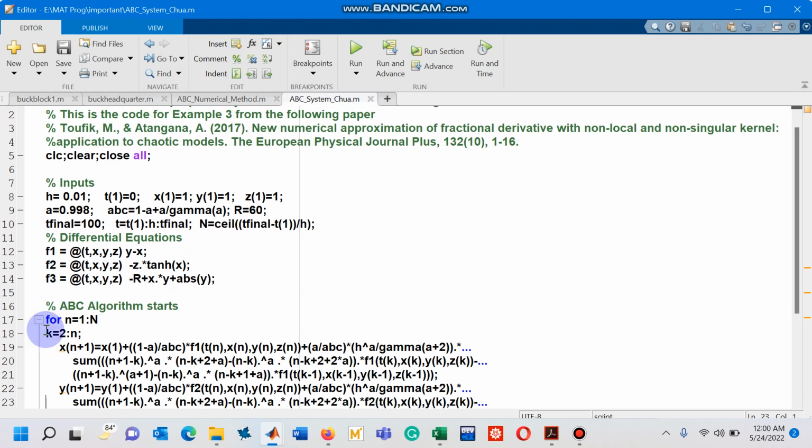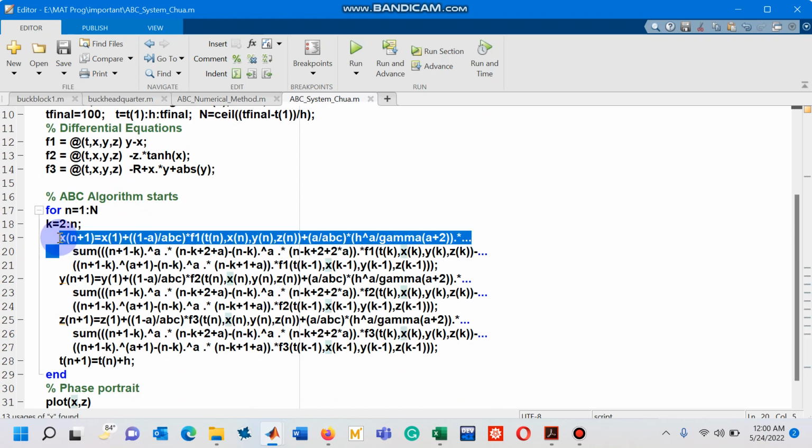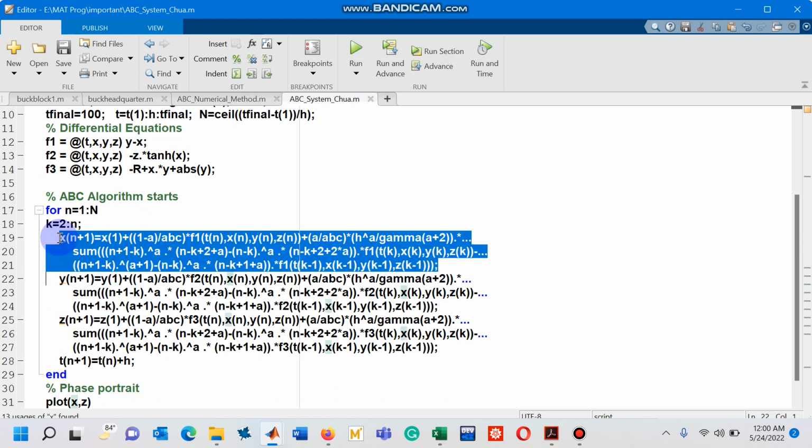Now you can see this for loop, which is very important, and this is what the numerical scheme is. So line number 19, 20, and 21, this is the numerical scheme for our first differential equation shown in line number 12, denoted by F1.